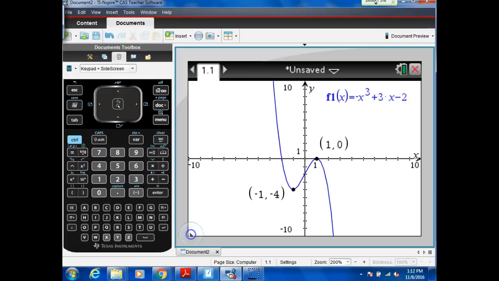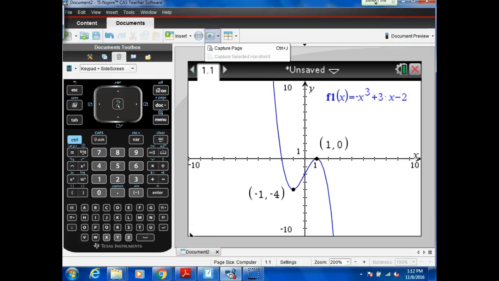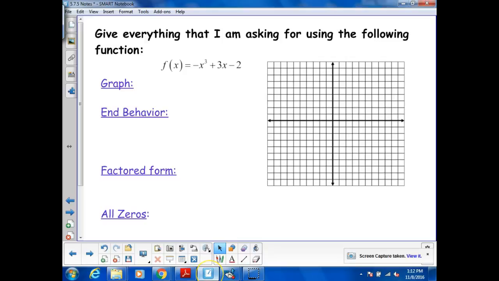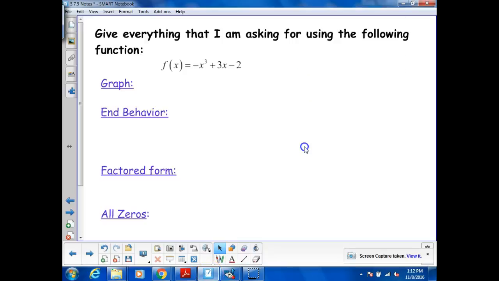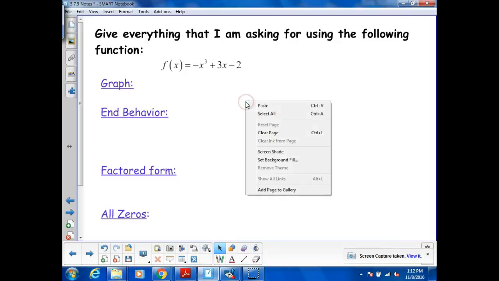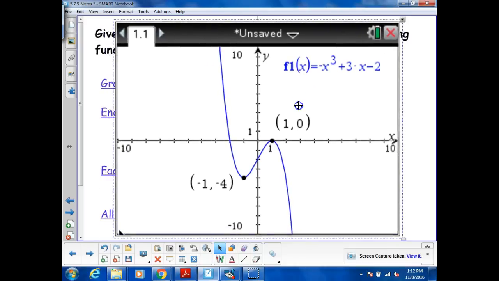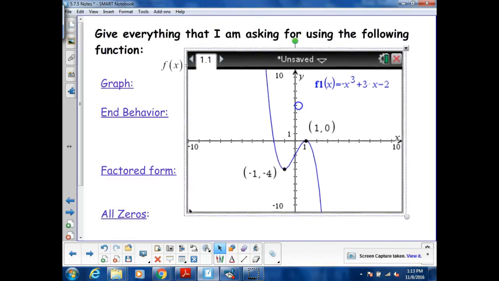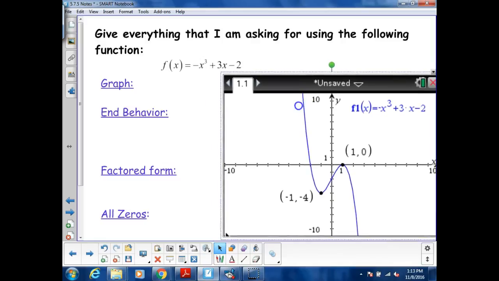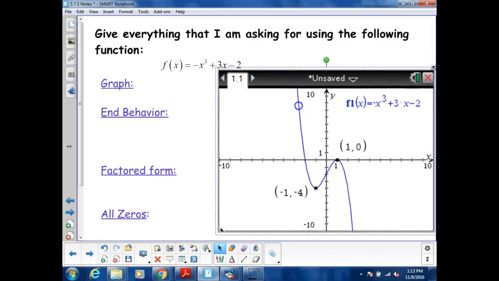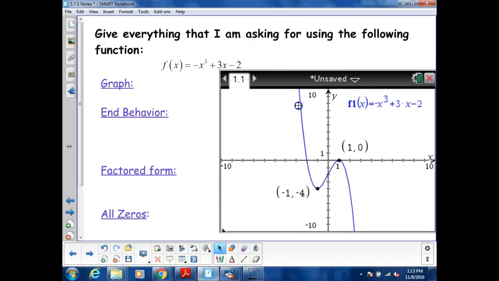So let's bring this onto here now. Okay, got our minimums, got our maximums on there. Fantastic. So we got our graph.